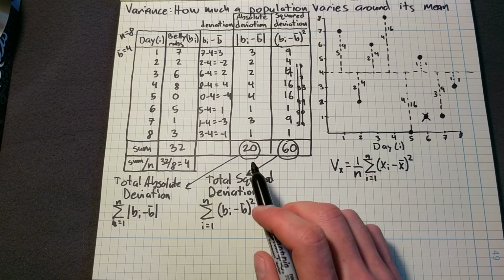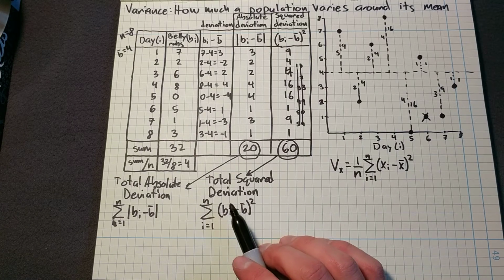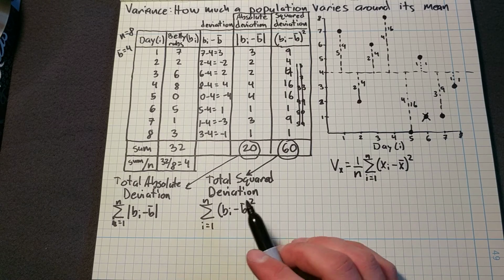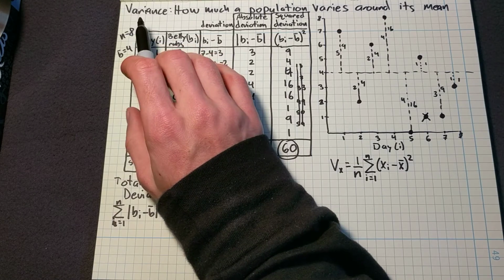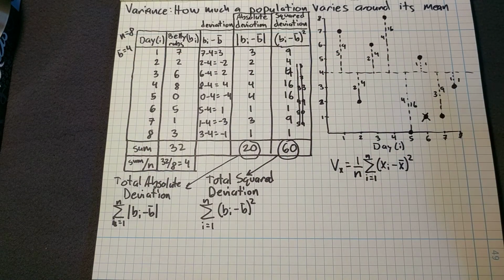So I would argue that both of these numbers, the total absolute deviation and the total squared deviation, give us an idea of the English definition of variance. So they tell us how much a population varies around its mean.